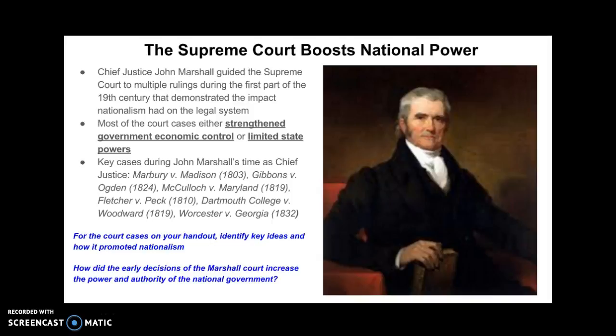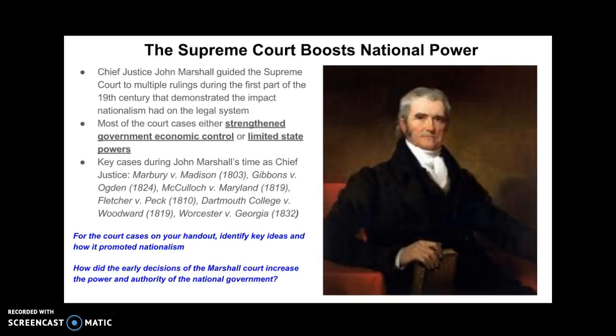Now, how does this court case promote nationalism? Well, it promoted nationalism by preventing states from acting in ways that hurt other states. All right, so Gibbons versus Ogden promoted nationalism, or the idea that national interests should be placed ahead of regional concerns, by preventing states from acting in ways that hurt other states.